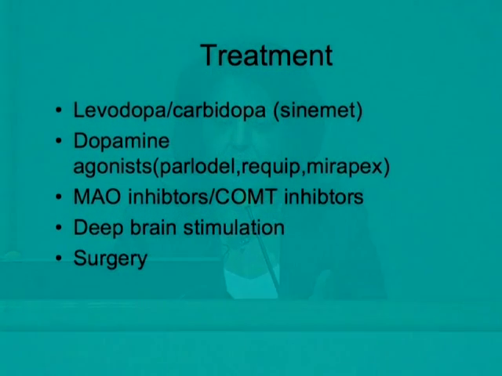So we're giving the dopamine to the brain and also telling the brain to produce more dopamine so that we can use small doses of those medications to reduce their side effects. Some of those dopamine agonists are Parlodel, Requip, and Mirapex.